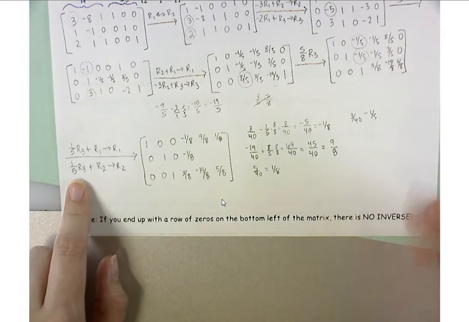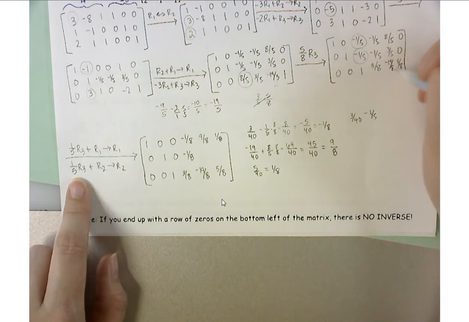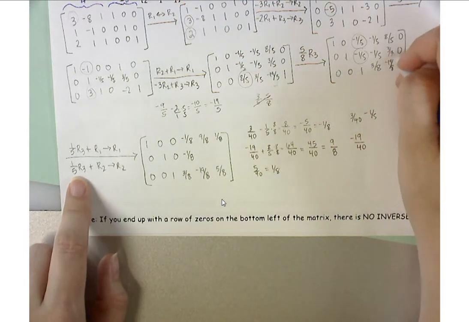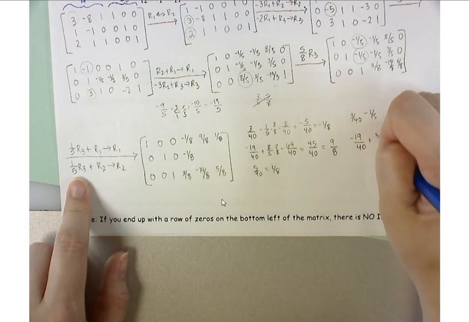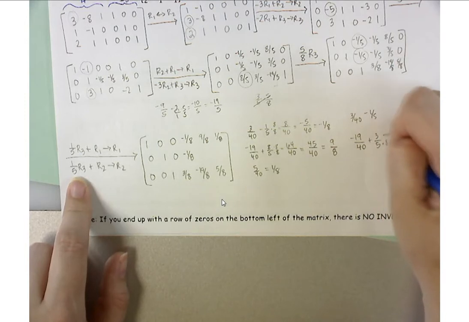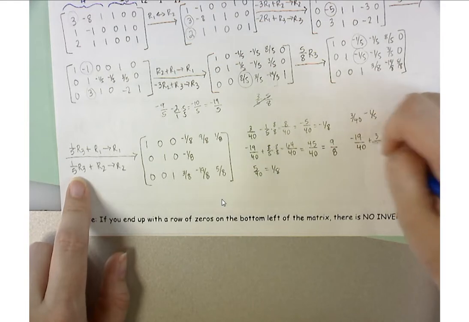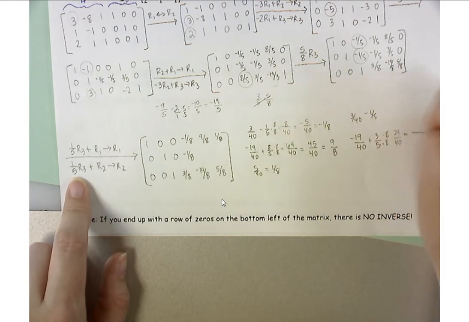Okay, and then I'm going to do 1/5 times negative 19 over 8, which again is negative 19 over 40. And then we're going to add 3/5 to that. So I'm going to get a common denominator. This is 24 over 40. Negative 19 plus 24 is what? 5.